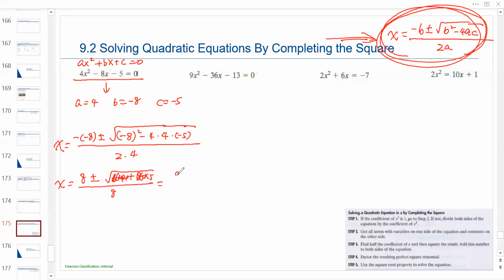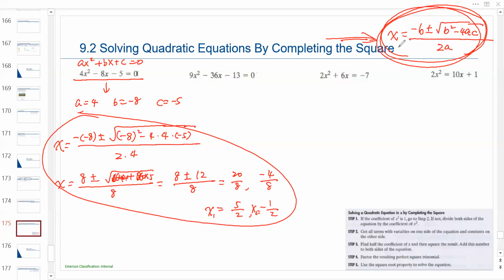So 8 plus or minus 12 over 8. So one of them is 20 over 8. The other one is negative 4 over 8. So one of them is actually 5 over 2. This is negative 1 over 2. So you can find one of the solutions here, and the other solution is here. All right, so this one we base on the formula.